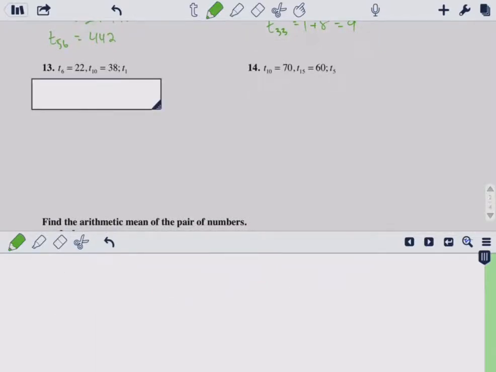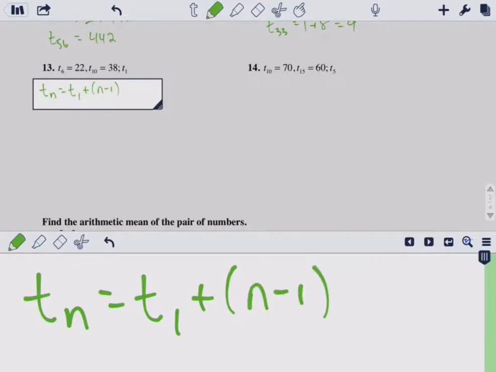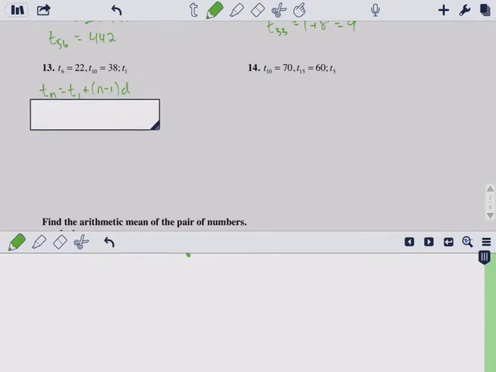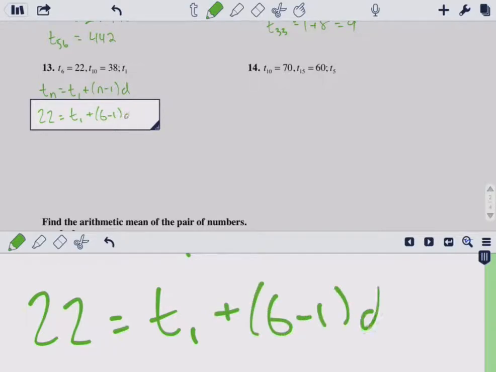Doing the same thing here. Remember, we've got t sub 6. We'll use this formula again, t sub 1 plus n minus 1 times d. We want to find t sub 1, so we can do that a couple of different ways, but we'll do it this way. I've got t sub 6 is 22 is equal to t sub 1 plus 6 minus 1 times d.